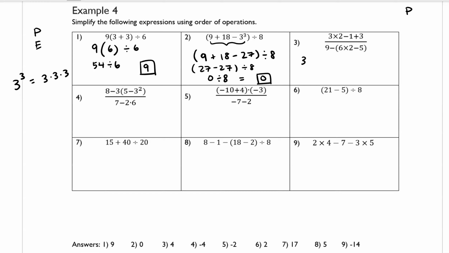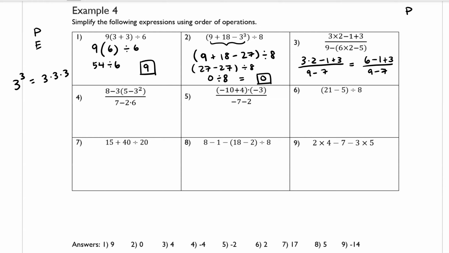So I have 3 times 2 minus 1 plus 3 over 9 minus, and we found the thing in the parentheses to be 7. All right, so now I'm going to do the multiplication in the top because that comes first. So 3 times 2 is 6, minus 1 plus 3 over 9 minus 7.